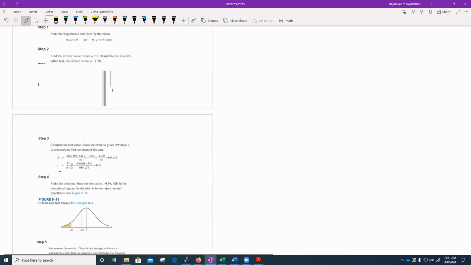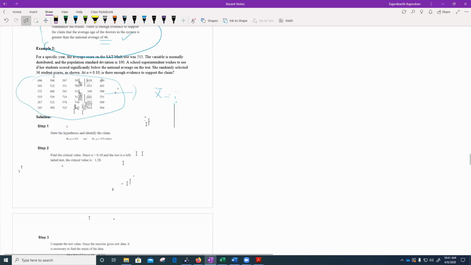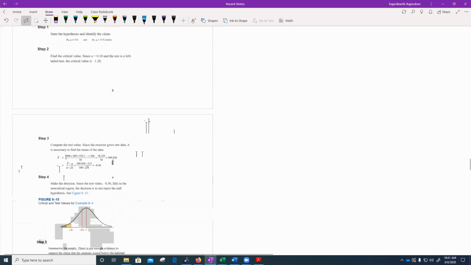Yeah, that is already here, right? Okay, remember, if you are given a data set, of course, you need to figure out x bar. You could feed these values into your calculator and find x bar, or you could do it manually, like here. Which formula are they using here?